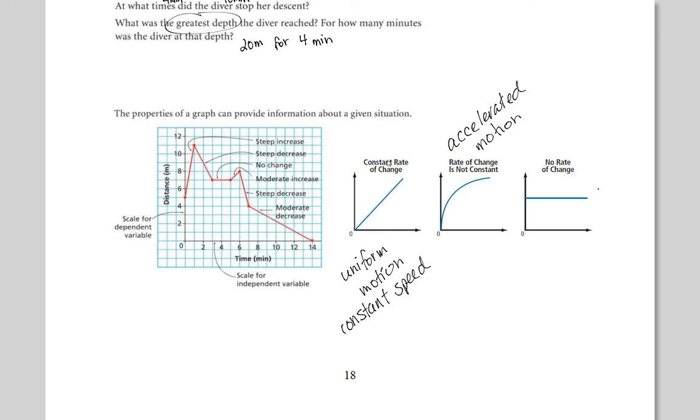And if the first one was called uniform, what do you think the next one's called? Non-uniform. Okay, and then the last one, when it's flat, you are at rest.